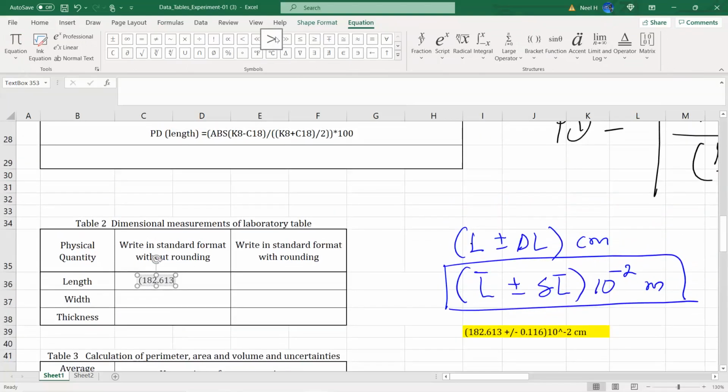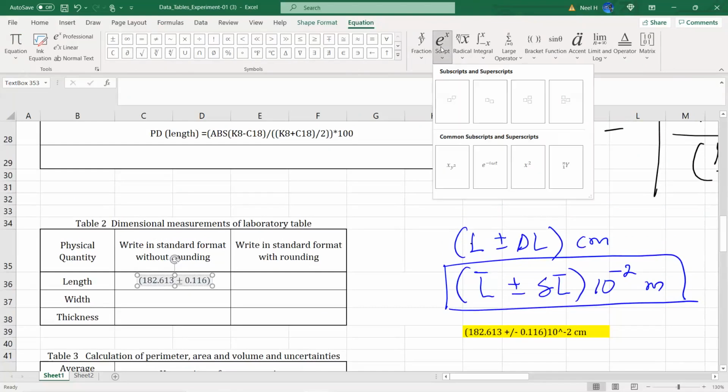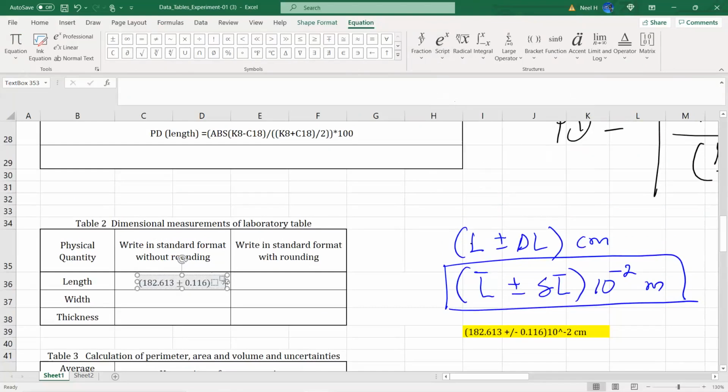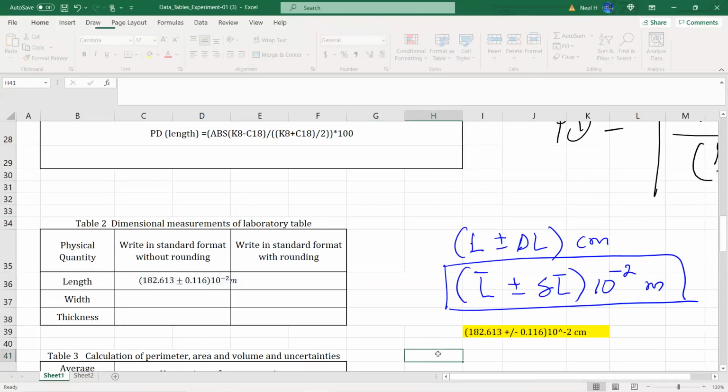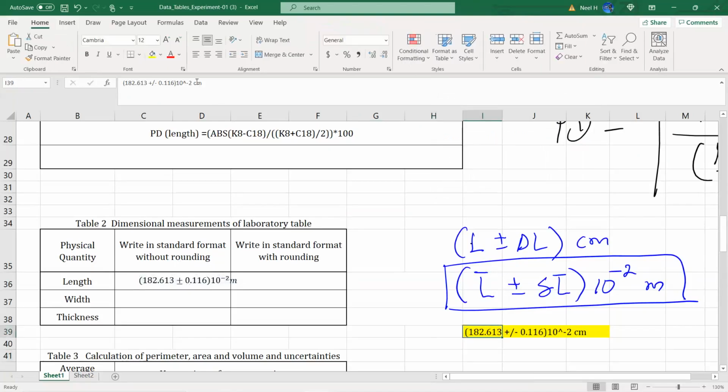If you look at the very top, the equation editor has those nicely formatted plus or minus symbols. 0.116 is the calculated error, then close bracket. Then I can use a script to make it 10 to the power value: 10 right here, negative 2 in the top, very nicely formatted, and then the unit, meters.